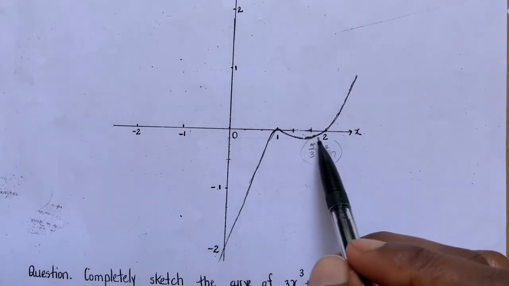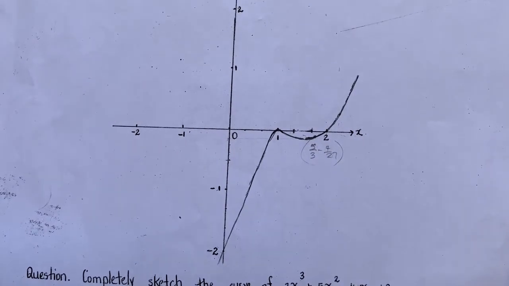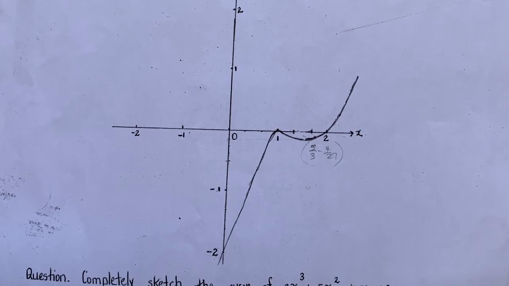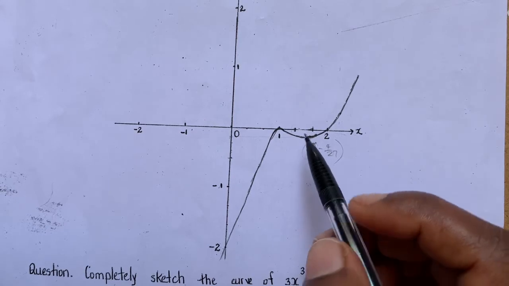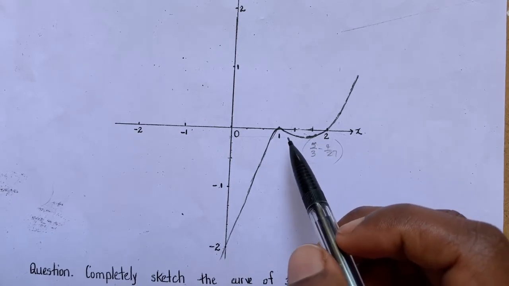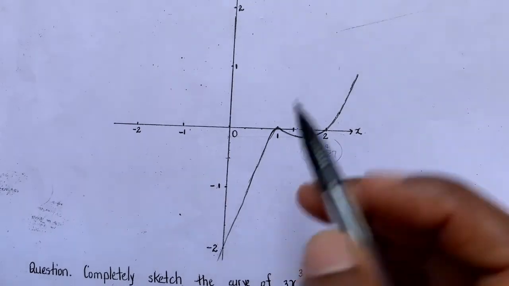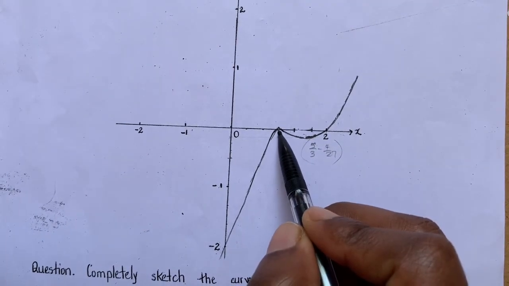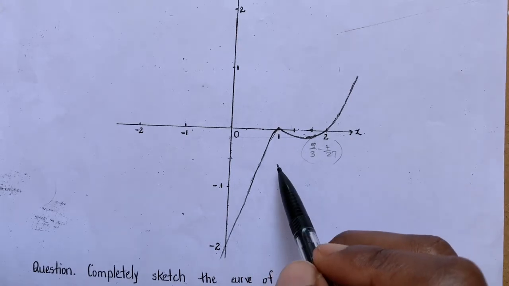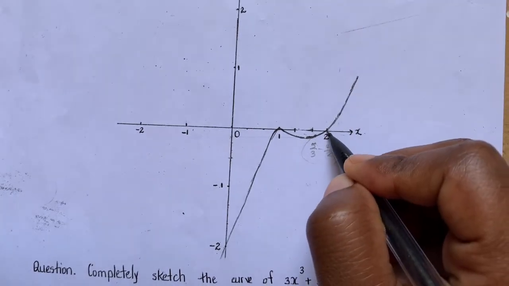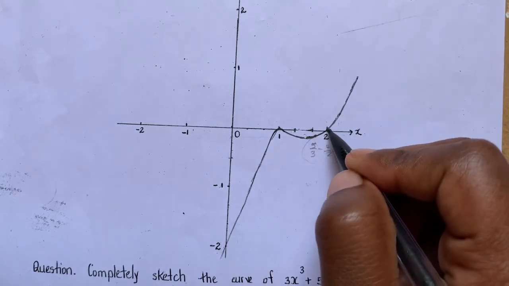I know they are close, but we have to take into account the intercepts that we found earlier. So based on our calculation, the curve will cut the x-axis at 1 and 2. We already have it here, so that one is out of the way. Now for 2, it's right here. Cuts the x-axis here and at 2.